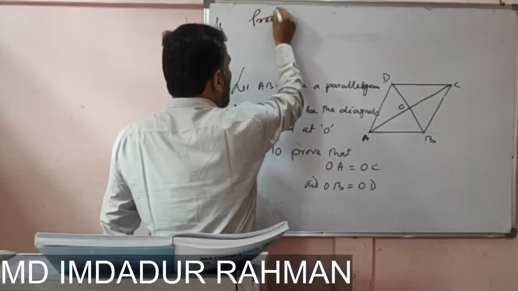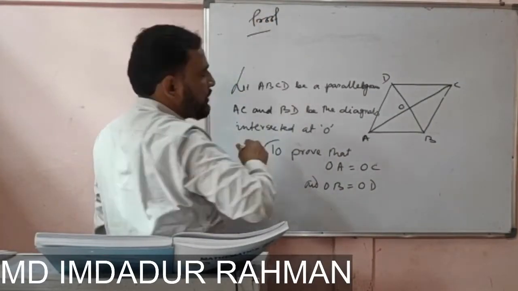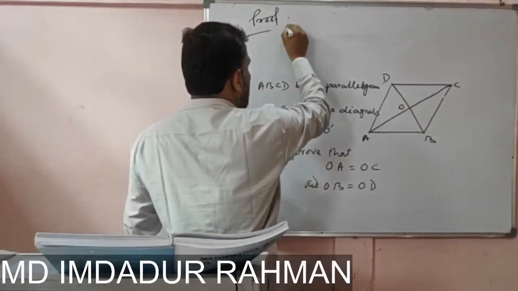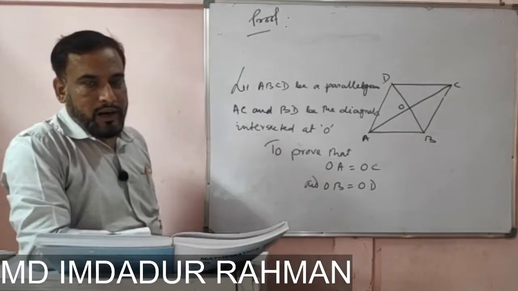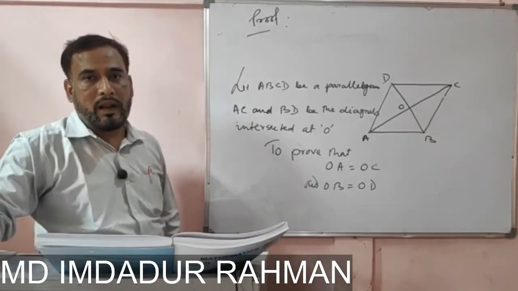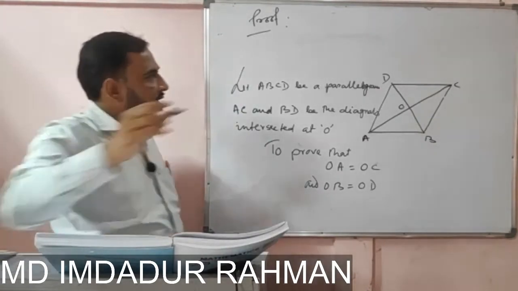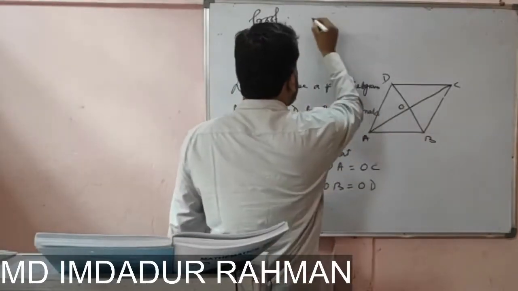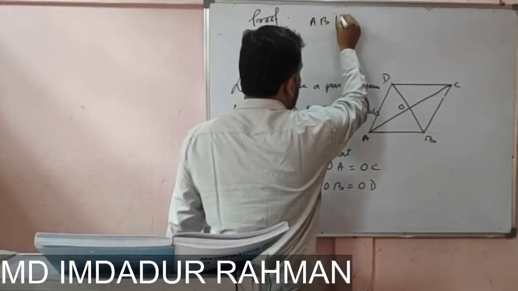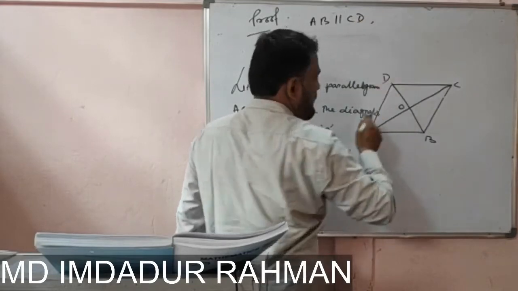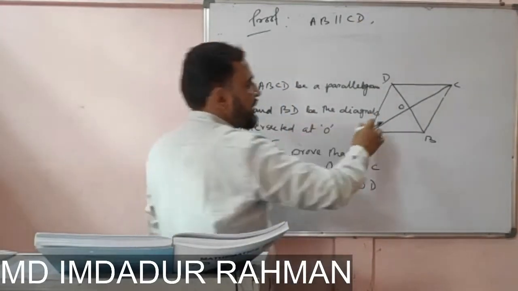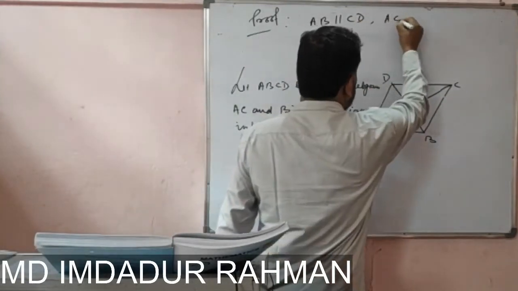Proof: since in a parallelogram opposite sides are equal and parallel, we will write here, since AB is parallel to CD, and considering AC as transversal.